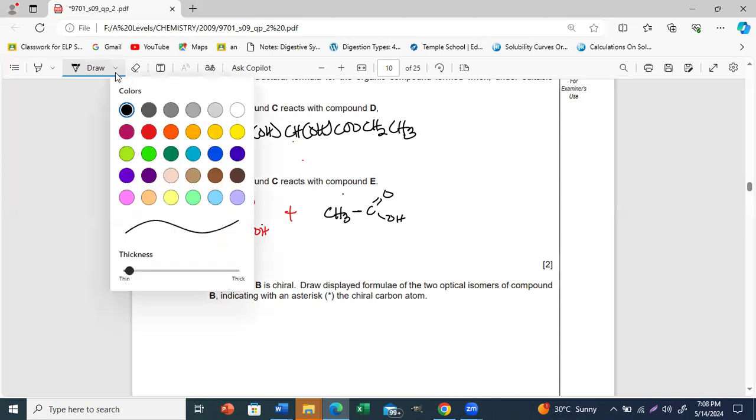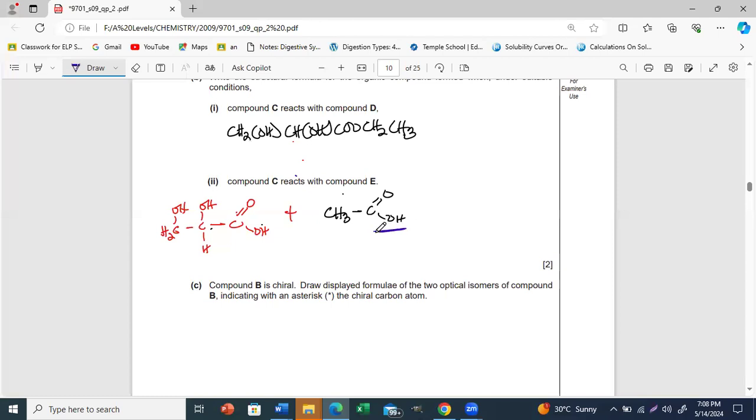Now this is another functional group, so what you consider before working is to look at it carefully. E only has COOH as its functional group. C still has OH and another OH. Your carboxylic acid will not affect carboxylic acid, so that one will remain in the product.